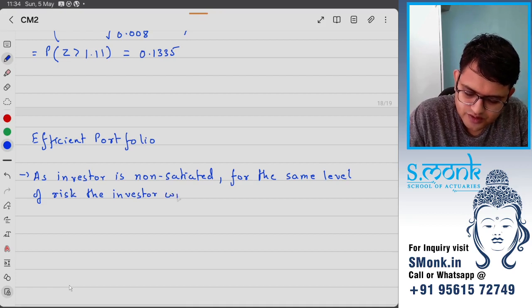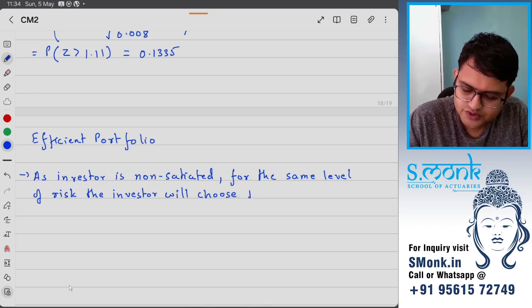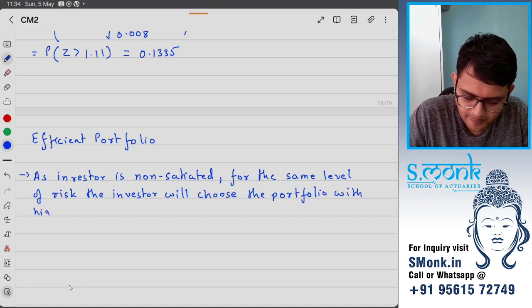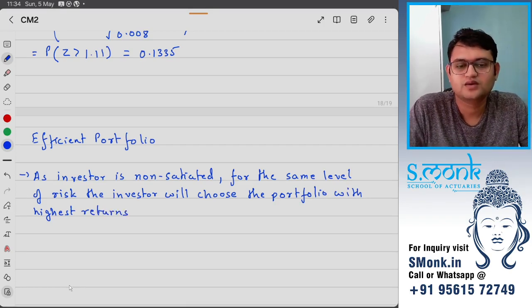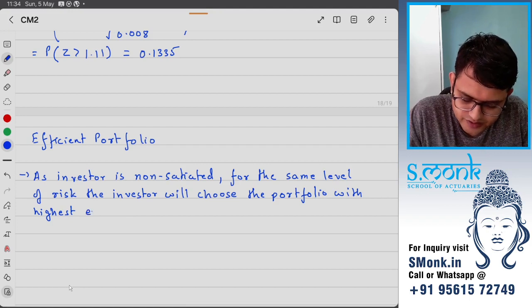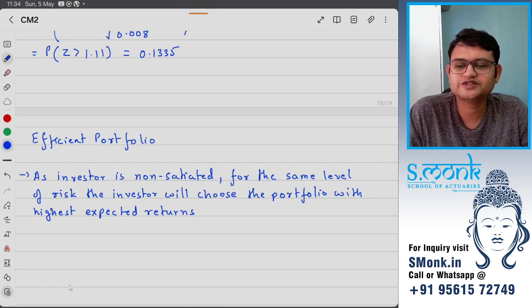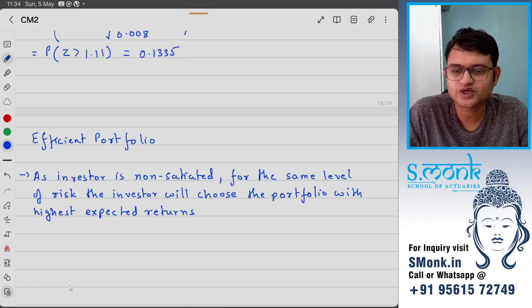The investor will choose the portfolio with the highest expected return.